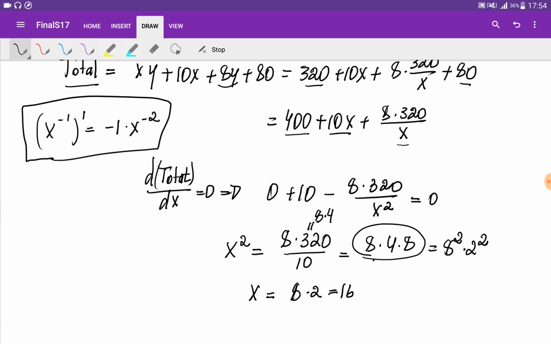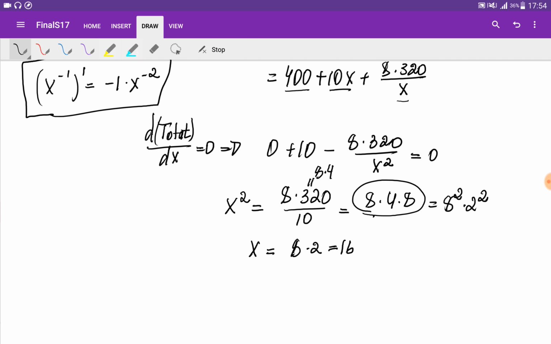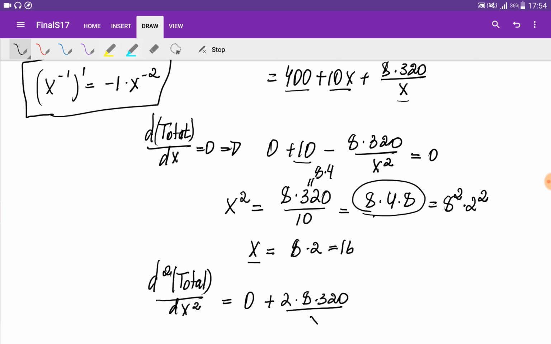Okay, so in order to know that for this value of x the total area is minimum, we need to take the second derivative of the total area and check the sign of the second derivative for this value of x. So let's take the second derivative of the total area with respect to x. So the derivative of 10 is equal to 0, and the derivative of this one is going to be, 2 comes down, plus 2 multiplied by 8 multiplied by 320 divided by x cubed.